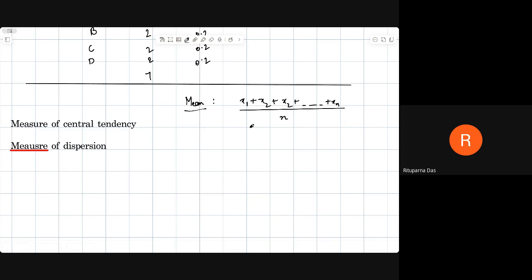For grouped data, I think these are the easier topics. Most of you might have doubts in probability, and I guess we are running out of time. Standard deviation, okay.